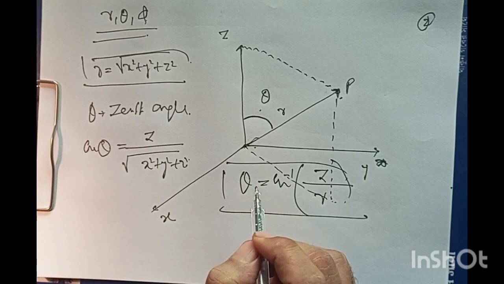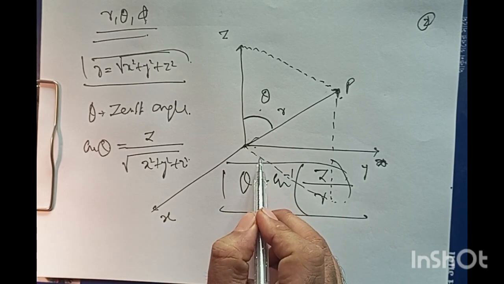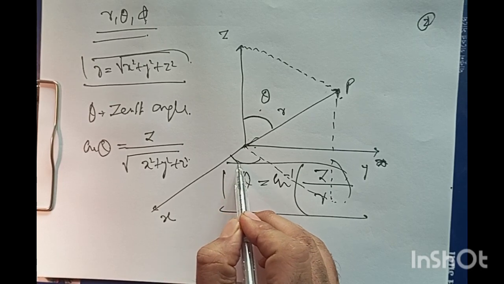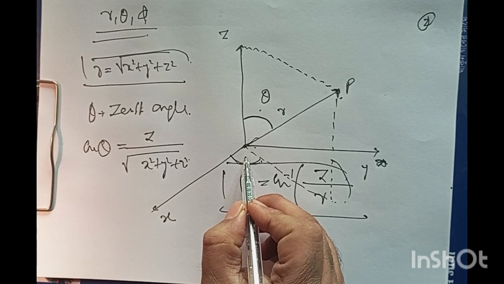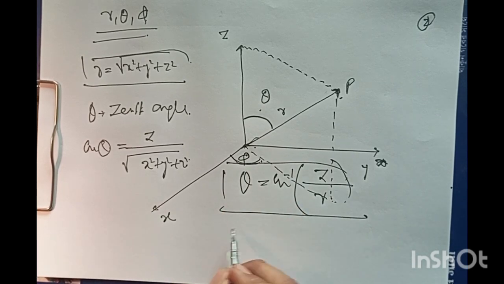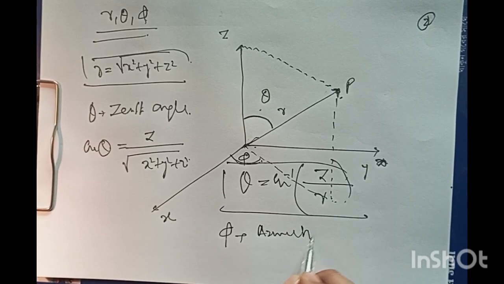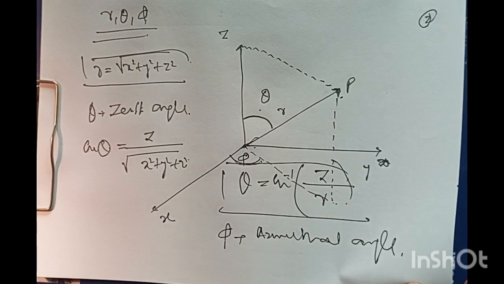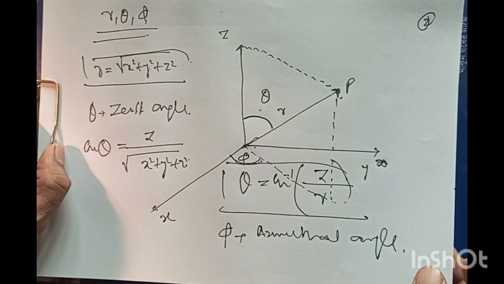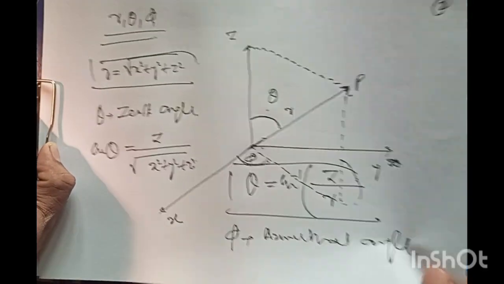Okay, and this angle that this plane makes with x is called phi, and this phi is called the azimuthal angle. And we can have the transformation equations for transforming the coordinates into r, theta, and phi.